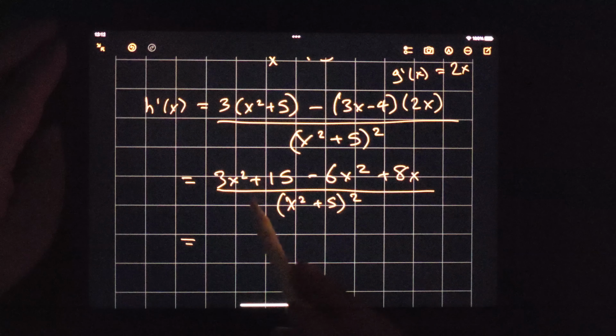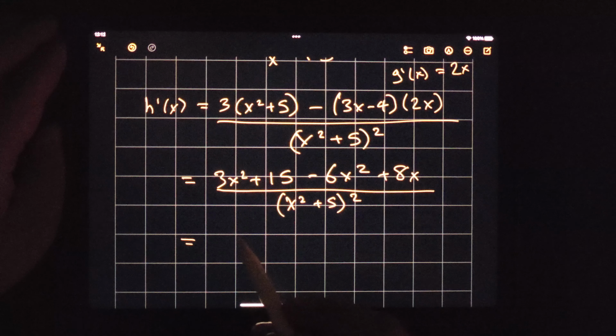And we can simplify this: negative 3x squared plus 8x plus 15 over x squared plus 5 squared.